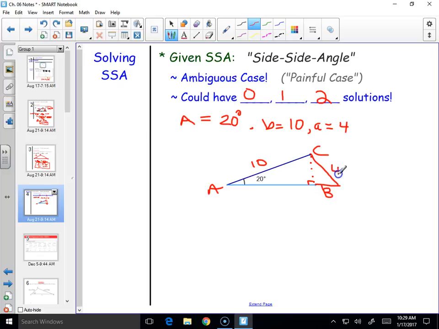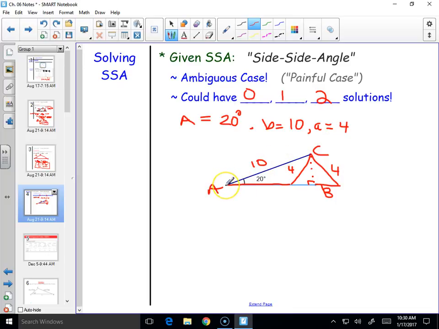That's one way. But why is this given information actually ambiguous, with two cases possible? Because 4 could also go in. 4 could also swing. Pretend that was perfectly straight. So here's the problem. Without knowing angle B, there are two different ways, two different triangles that could be formed.